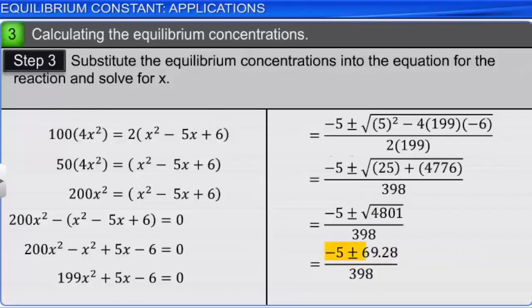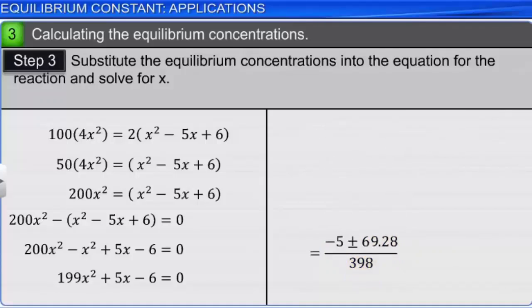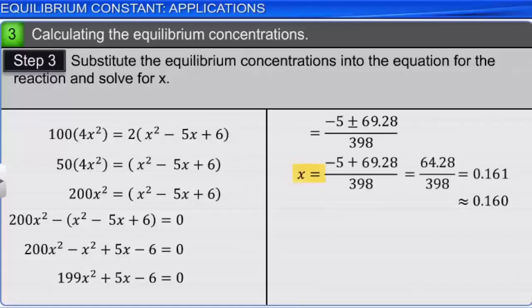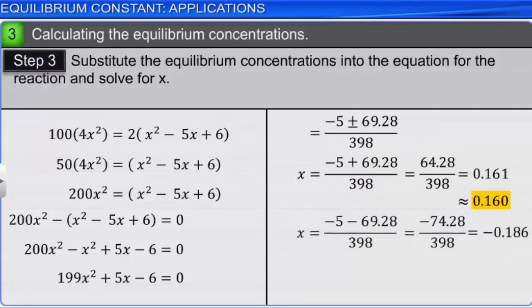This can be written in two forms. One form is x is equal to -5 + 69.28 divided by 398, which is equal to 0.160. The other form is x is equal to -5 - 69.28 divided by 398.